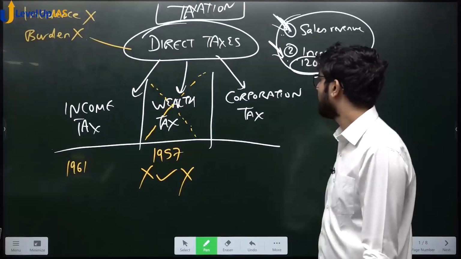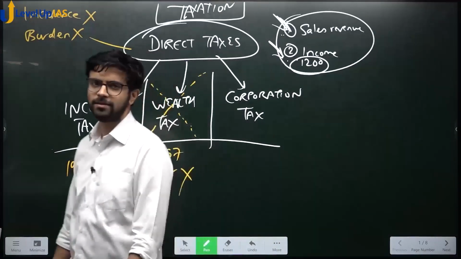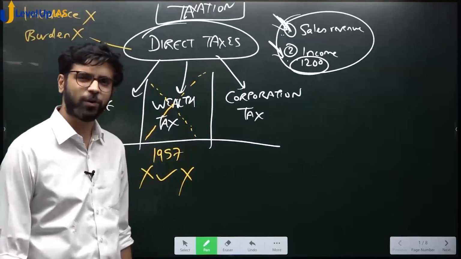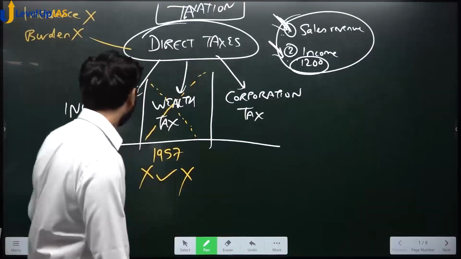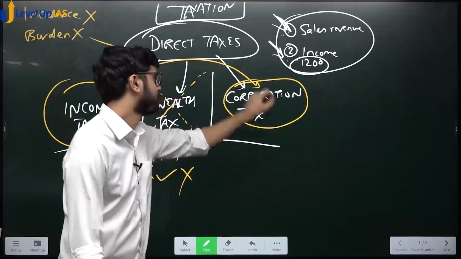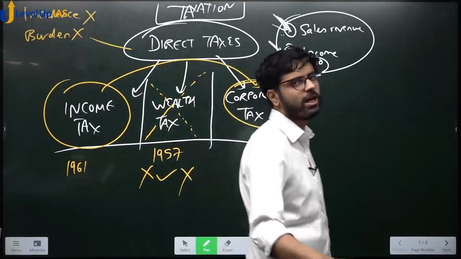Sir, what about corporation tax? What is a corporation? What is a corporate? In normal language, a corporate is a company. Income tax, when we calculate it for companies, is called corporation tax.